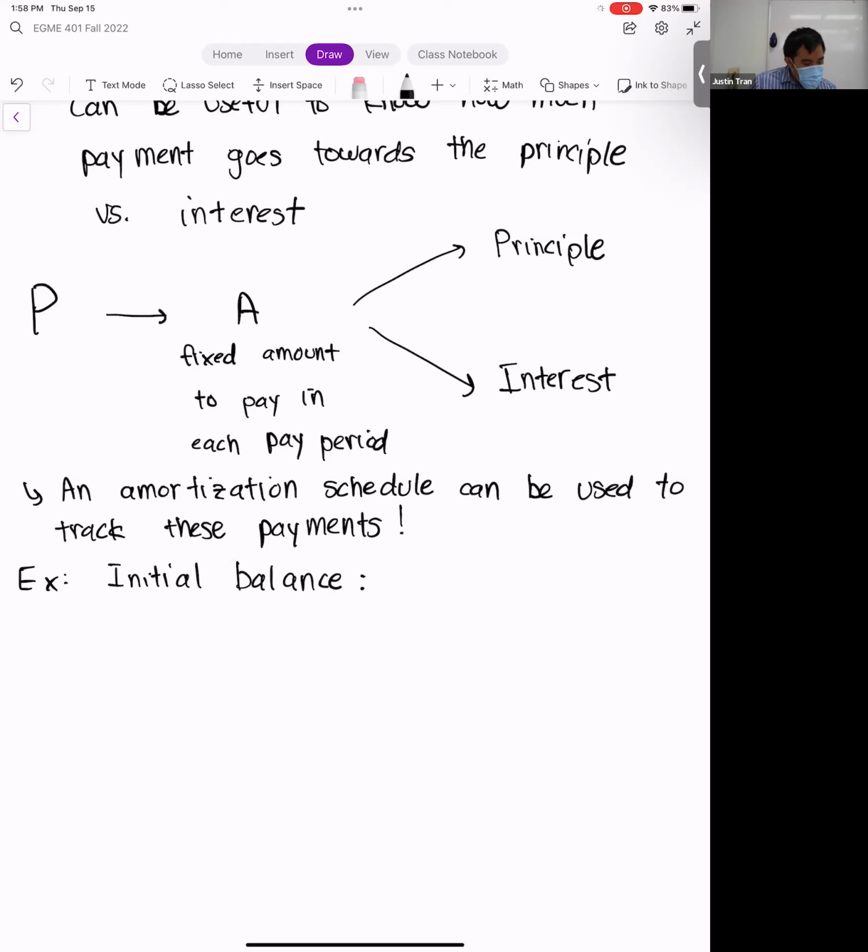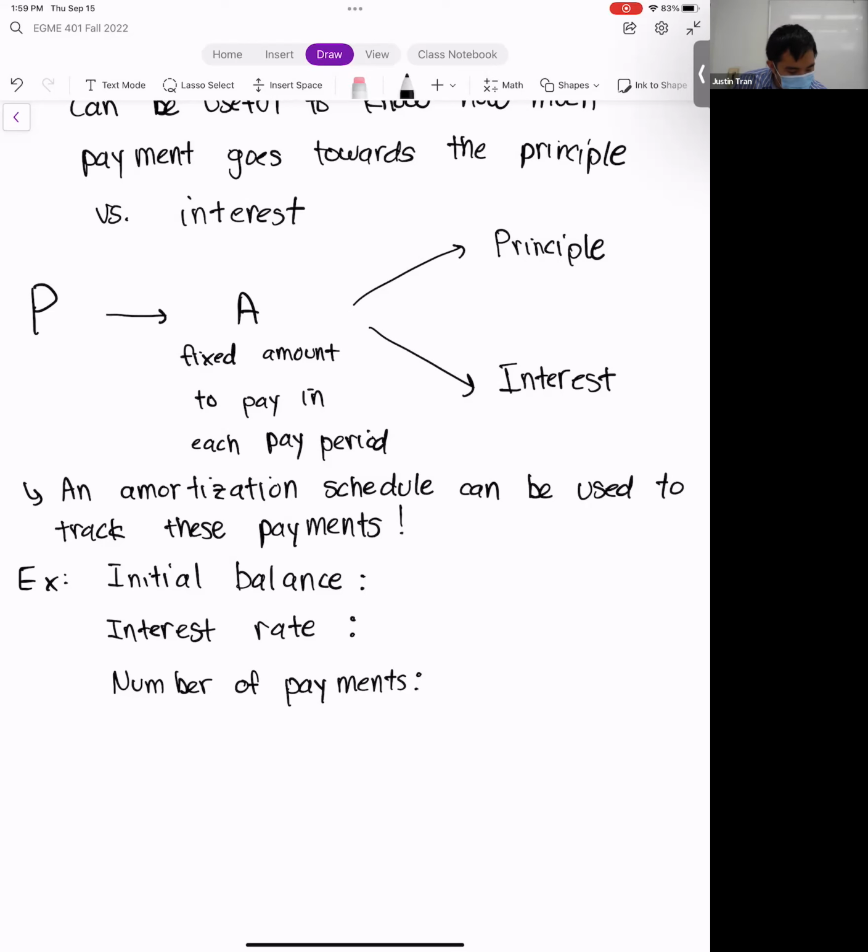And so the first thing you're going to write down for an amortization schedule is what the initial balance is. That's usually how much money you're going to borrow. Next thing you're going to write down is the interest rate.